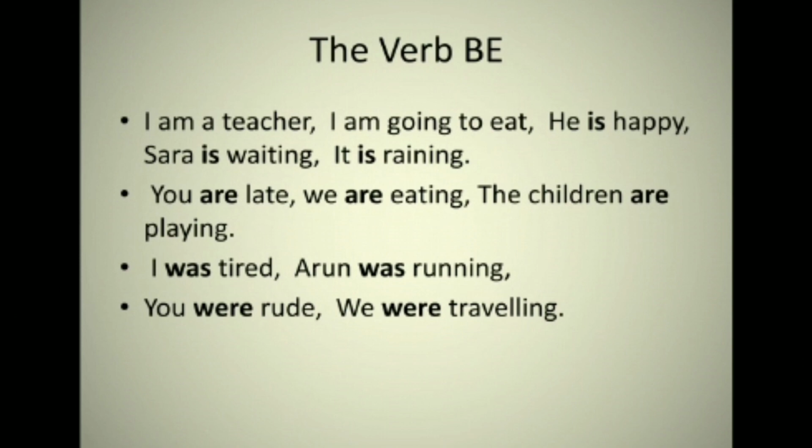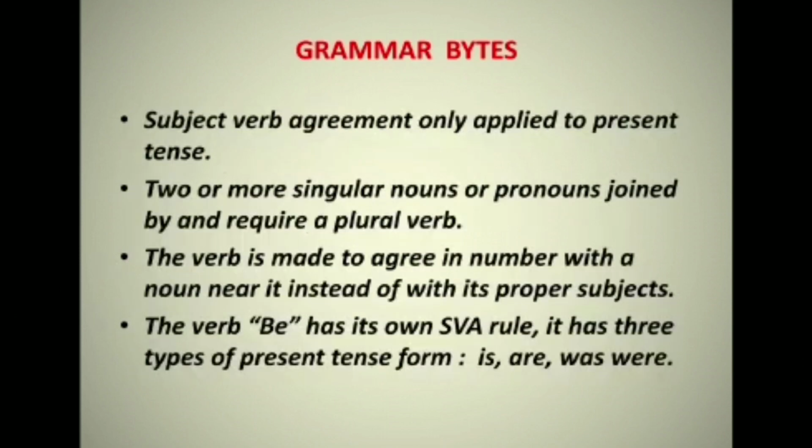For example, I'm going, is writing, is raining, are playing, was running. These are in the present or past continuous tense, but the form of the verb be, am, is, are, was, and were, changes depending on the subjects. If you memorize the simple rule in this table, you will use the verb be correctly.